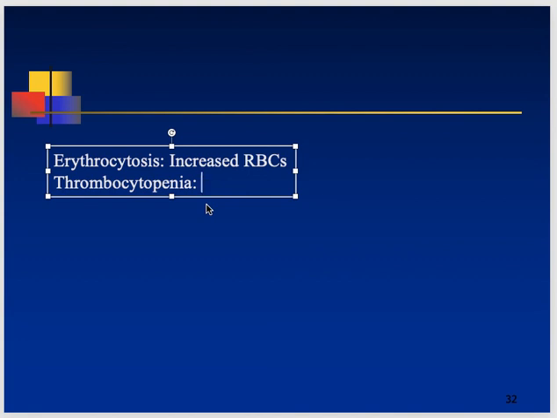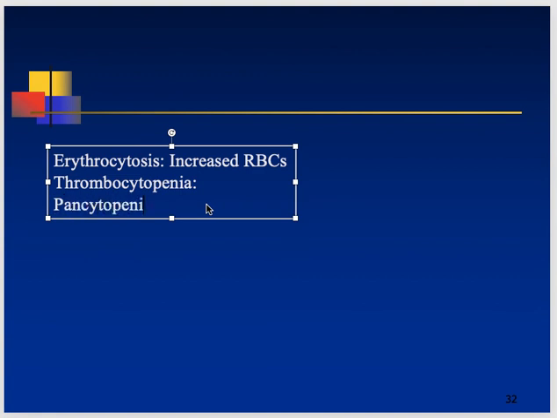Pancytopenia, on the other hand, I already talked about that. Pan means all, cyto means cells, penia means less. So all cells of the body are decreased, the blood cells I'm talking about. So what will be the presentation? RBCs are less, anemia.